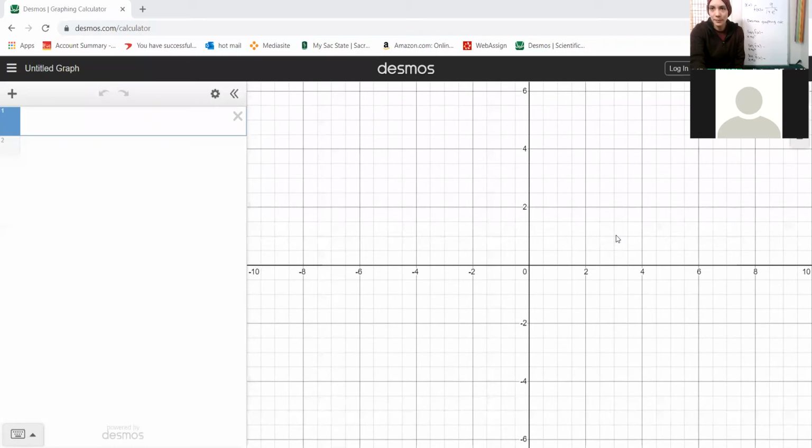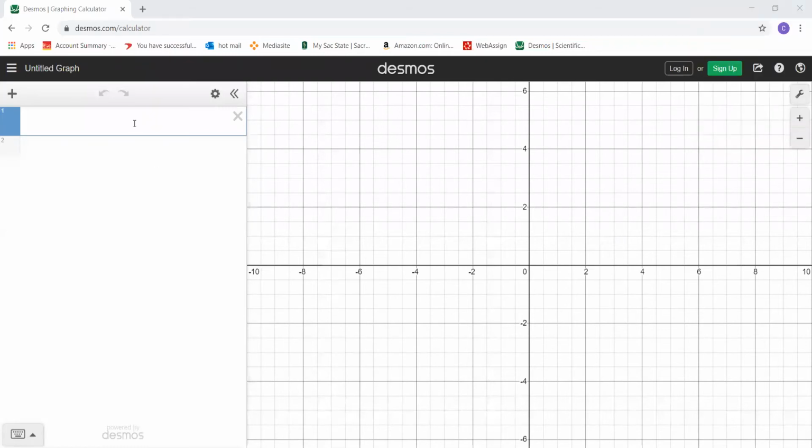And here we are. f(x) is the function 9 over 1 plus e to the power 1 over x.